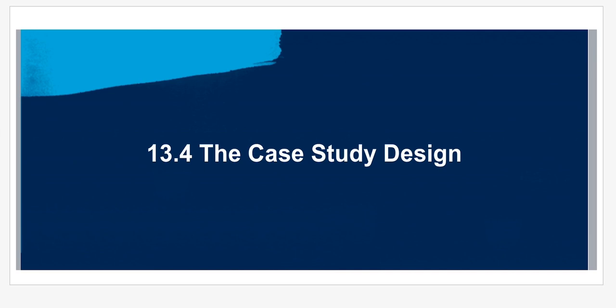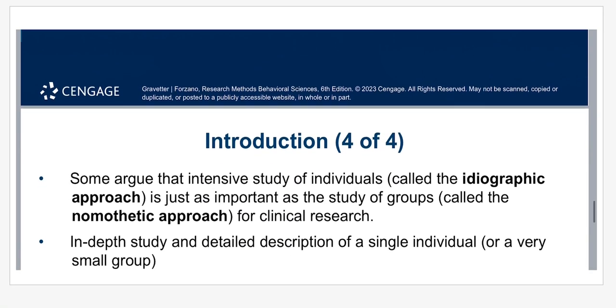But there is a little bit that is lost, in that for unique circumstances or for individual effects that only would happen in a unique set of circumstances, you would miss that by studying a group instead of studying those smaller groups or an individual. And so that's where the case study design comes in.